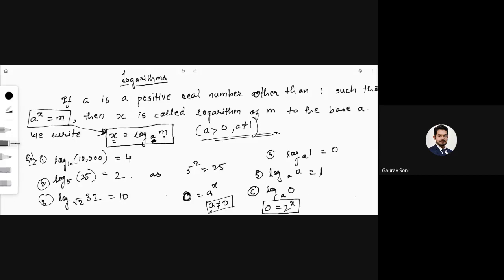Let me frame the question this way. Is it possible? Can you have a power x so that the answer will turn out to be 0?